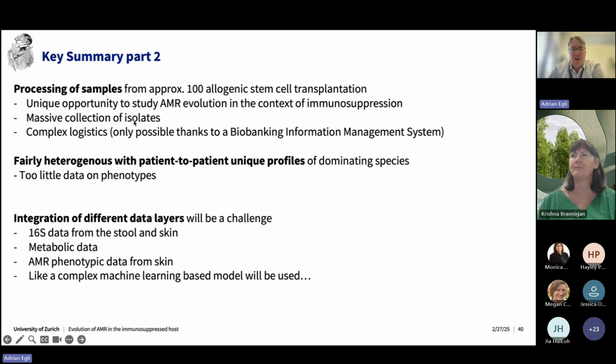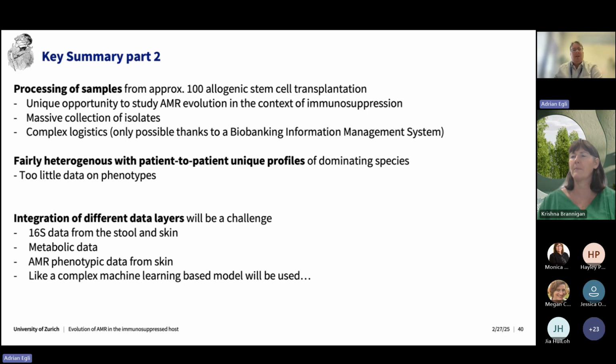We have a massive collection of isolates available and complex logistics in the lab. There are 4 lab technicians at the moment just processing these samples. So it's really a lot of money and time effort which goes into this study. We have a fairly heterogeneous situation with patient-to-patient unique profiles of what are the dominating species. At the moment, still too little data on phenotypes, but this will obviously come.